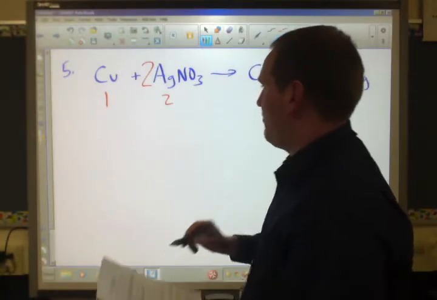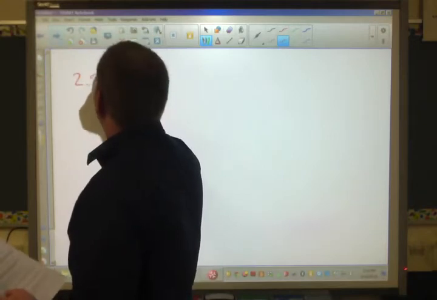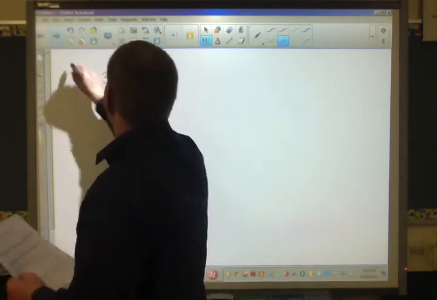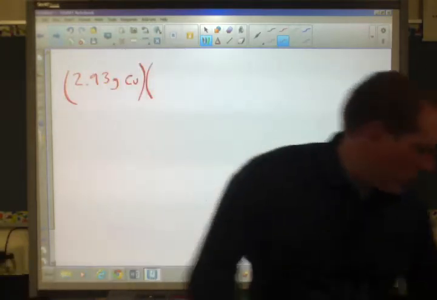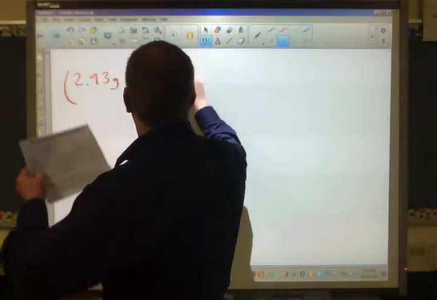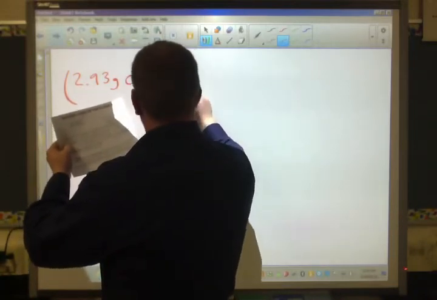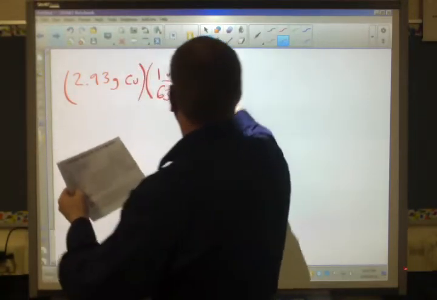So I have 2.93 grams of copper. I need to convert that into moles. Let me do it on a separate slide. 2.93 grams of copper times 1 mole over 63.546 grams.